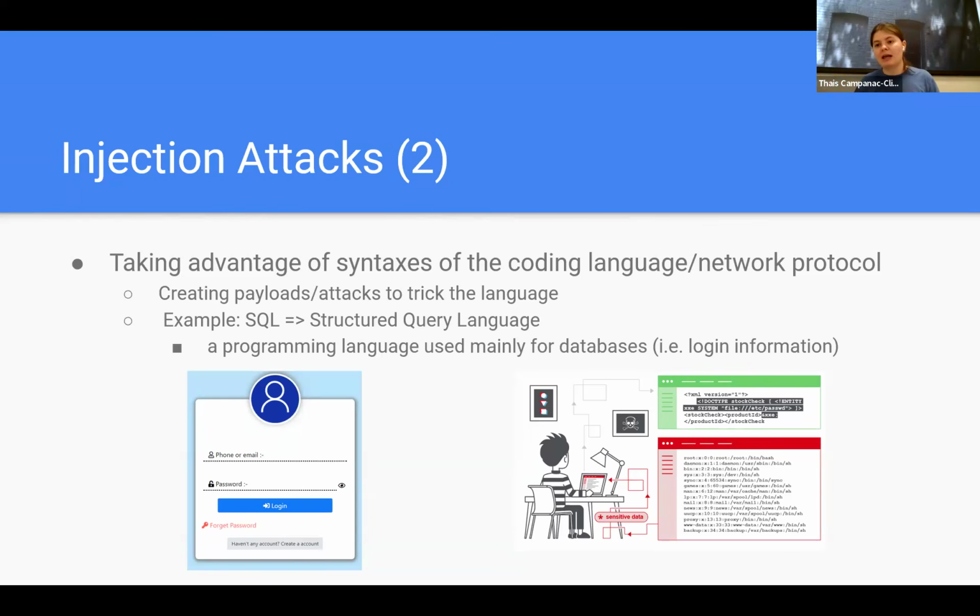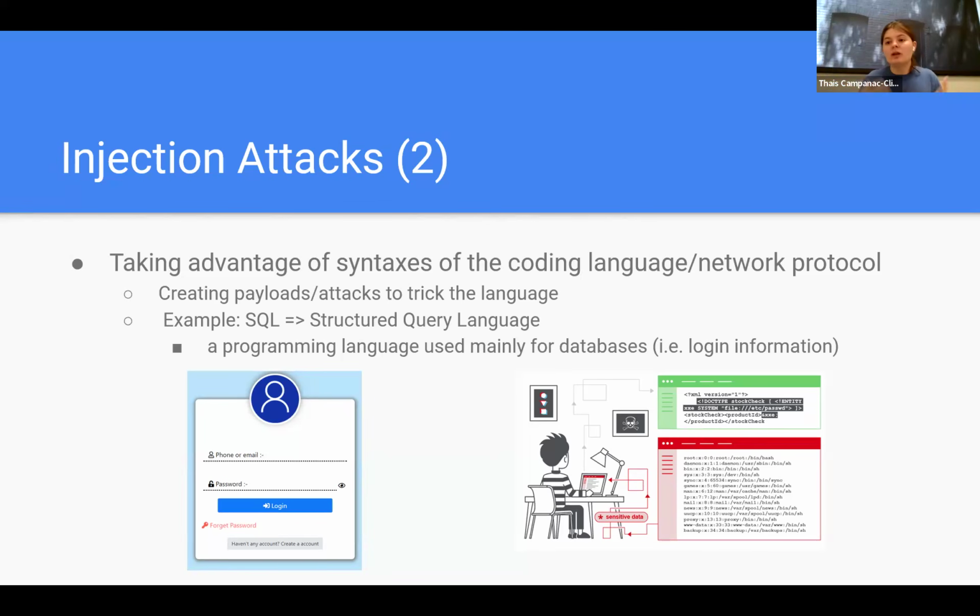A good example of this is called an SQL injection. I'll explain it very simply. Take, for instance, when you want to log in to a website, you usually encounter a login page, which is basically a field that says username and a field that says password. An SQL injection attack is going to inject something malicious into the username or password in order to recover login information, for instance, or information that's usually stored within databases.